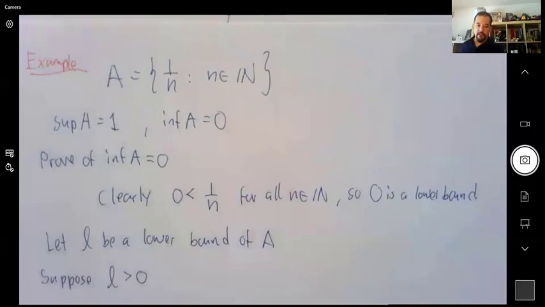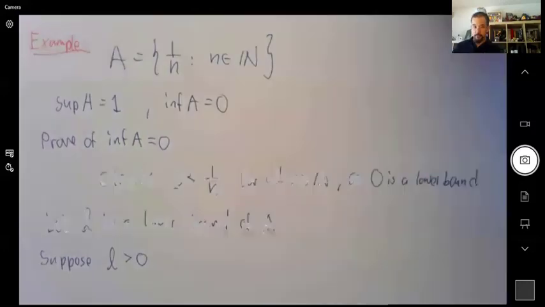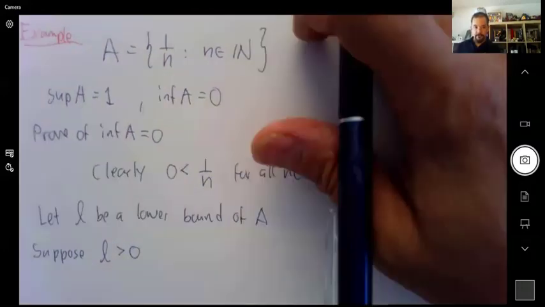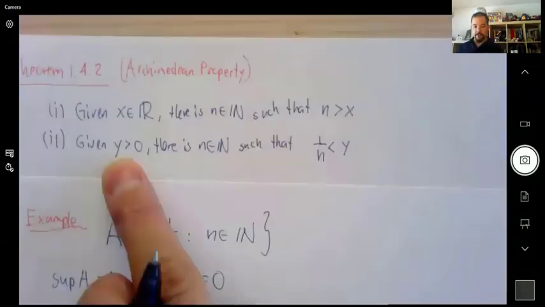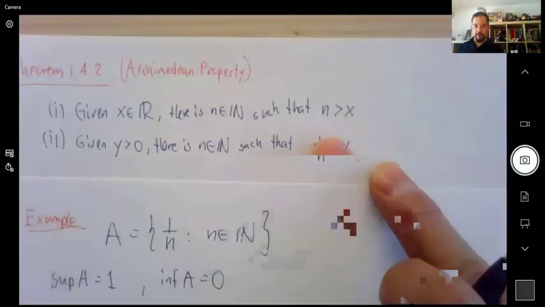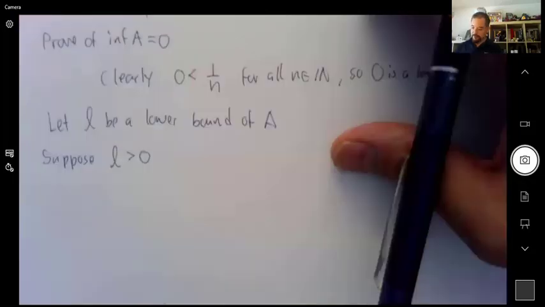Okay. If L is greater than 0, then we can use the property, let me put it on the screen, the one we just proved, this property. If you have a positive number, you can find a 1 over n that is smaller than that number. Okay? So let's use it here.